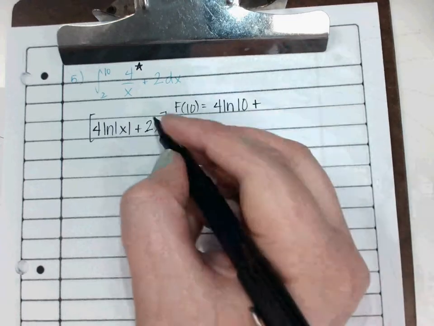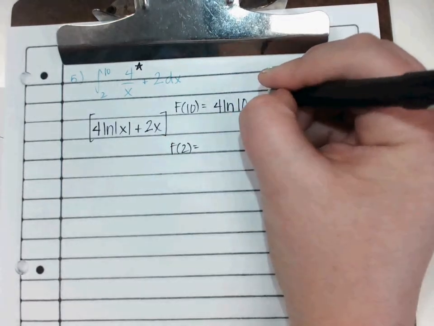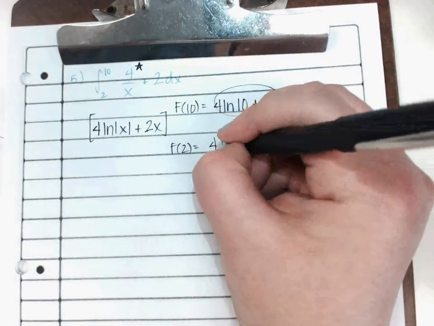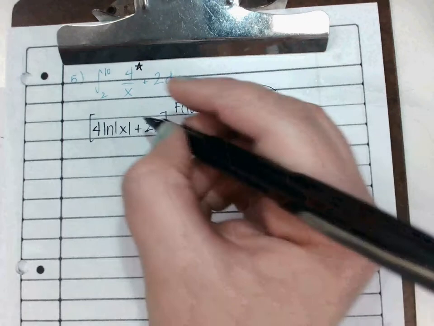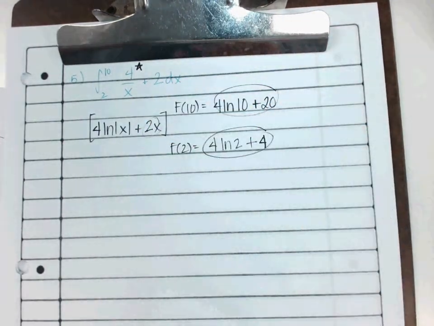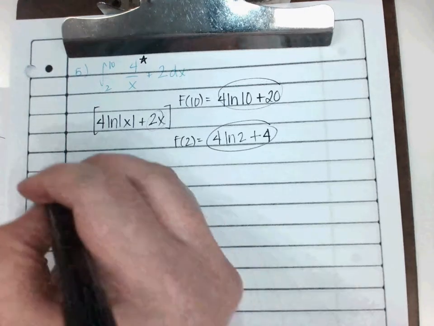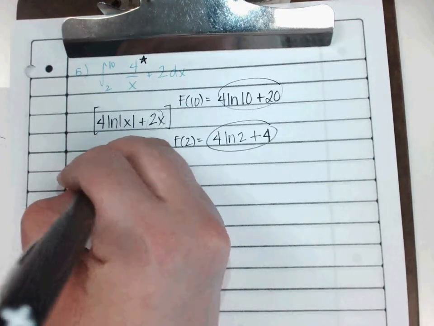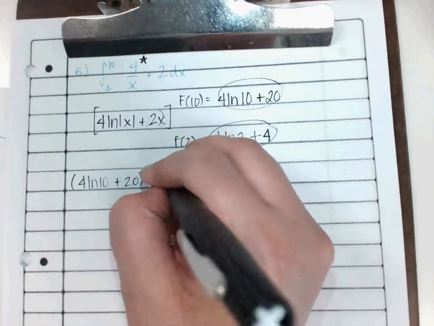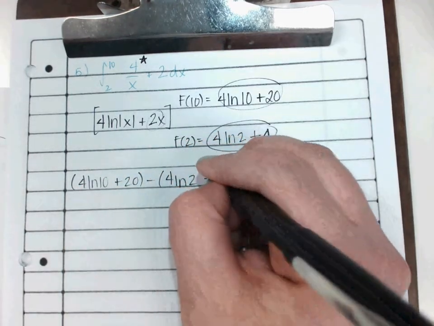And 2 times 10 is 20. On the bottom, plugging in a 2, I have 4 ln 2 plus 2 times 2, which is 4. Then I subtract those: 4 ln 10 plus 20 minus 4 ln 2 plus 4.